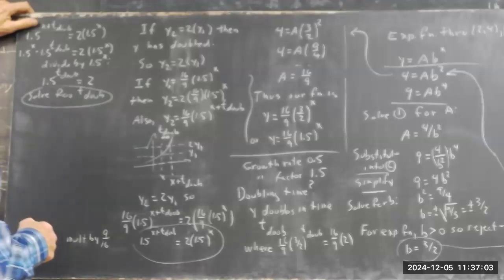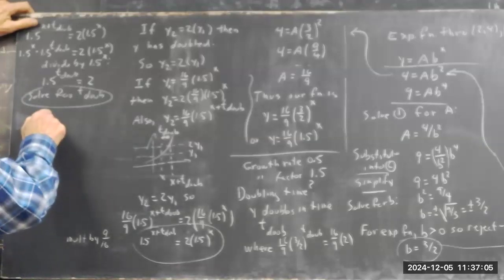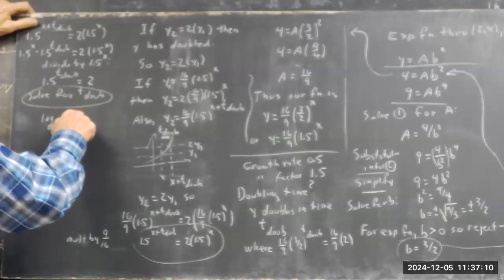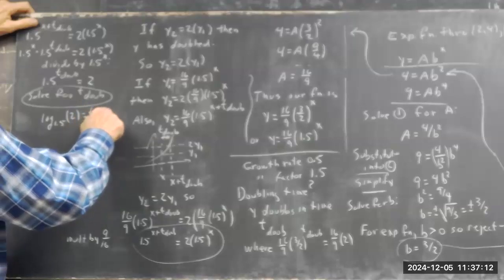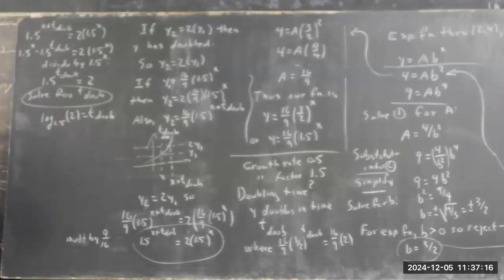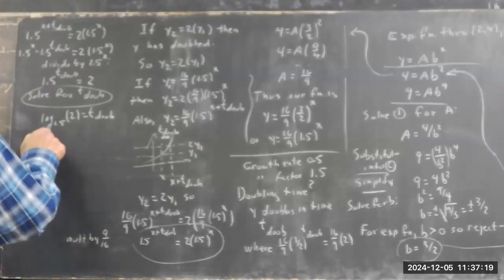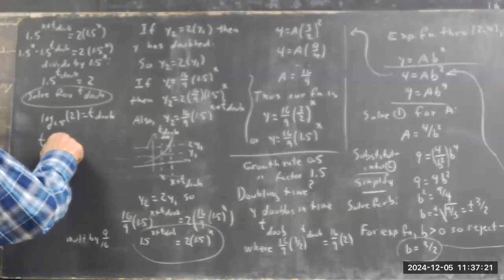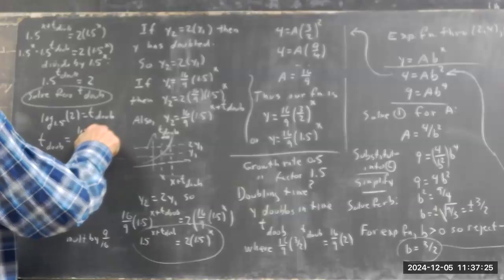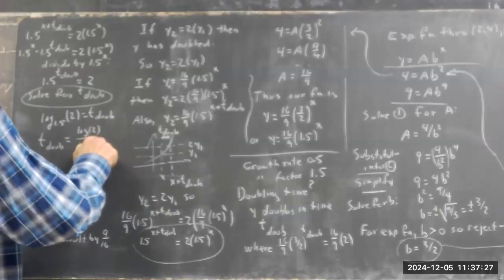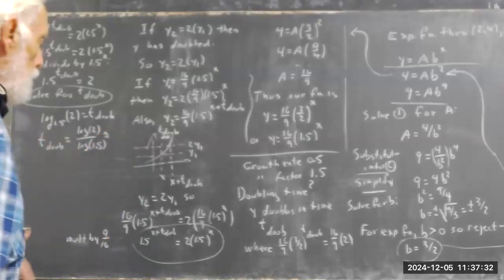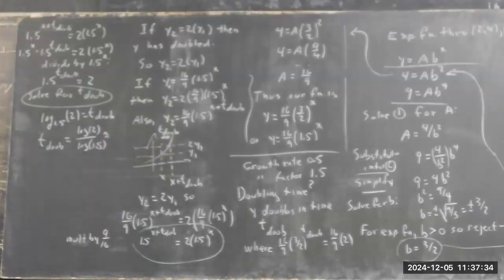Solve for t dub. We change this to log. There it is. Now you plug that into your calculator. It's the log of 2 divided by the log of 1.5.